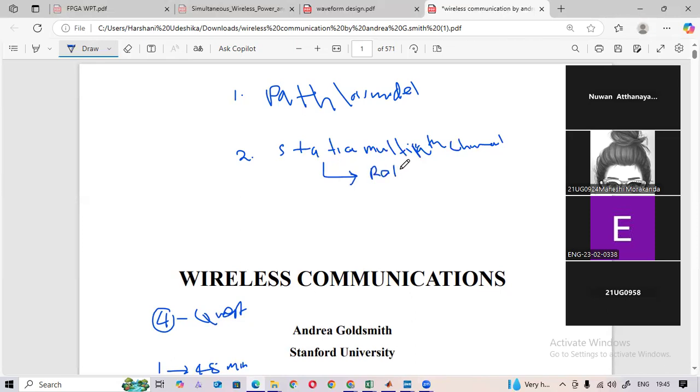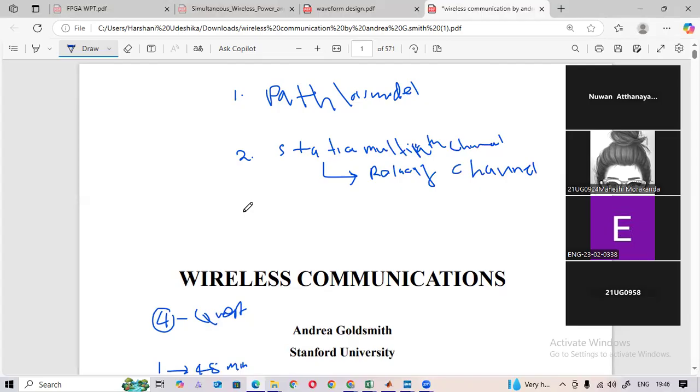More weightage will be given to the Rayleigh distribution, so you need to study the Rayleigh channel. The Rician and Nakagami are not needed, so you can care only about the Rayleigh channel.